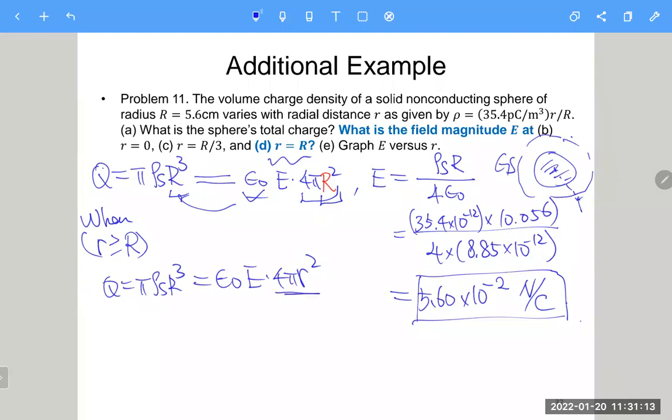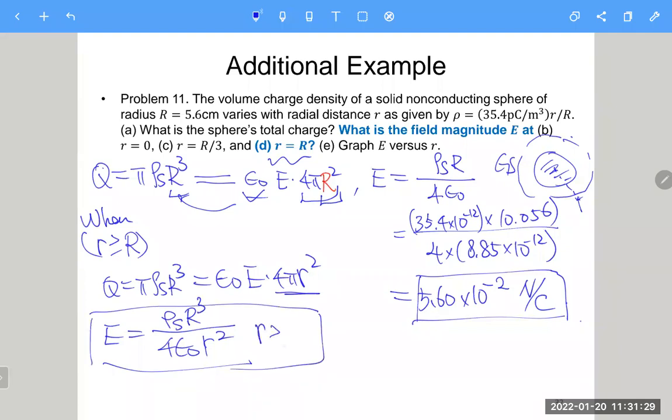In this case, we will get E to be rho s R cubed over 4 epsilon naught small r squared. This is the closed form solution when r is larger than or equal to capital R.